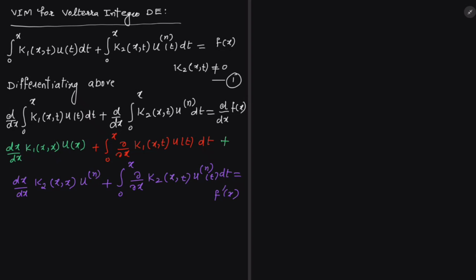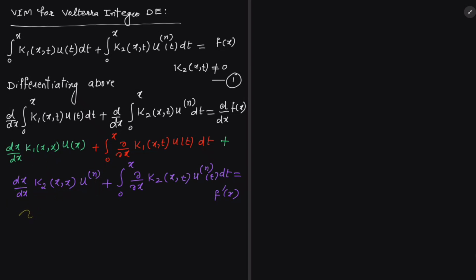Since we want to convert equation 1 into the ordinary differential equation, for that purpose we need u nth derivative separately. So this becomes 1 and we divide this whole equation by k2(x,x).